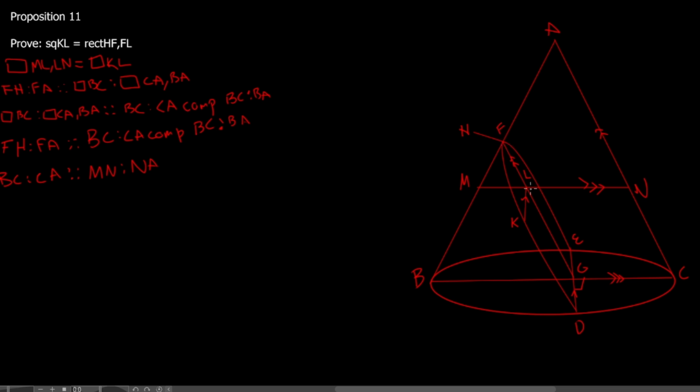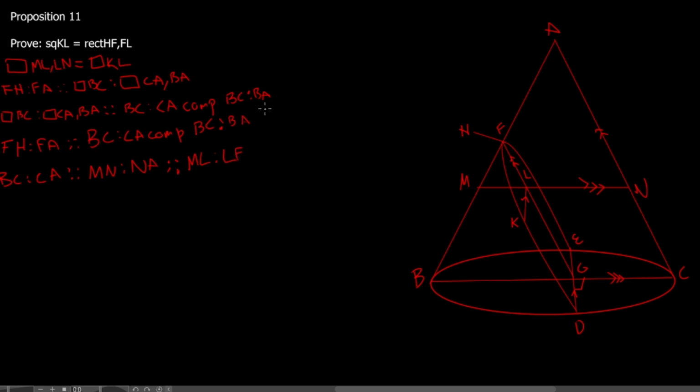And this triangle, FLM, this side is shared with AMN, and FL is parallel to AN. So as MN is to NA, ML is to LF. So I'll write ML, LF.